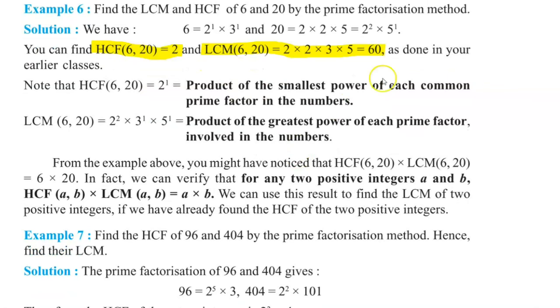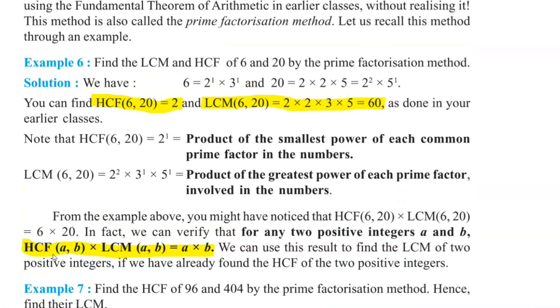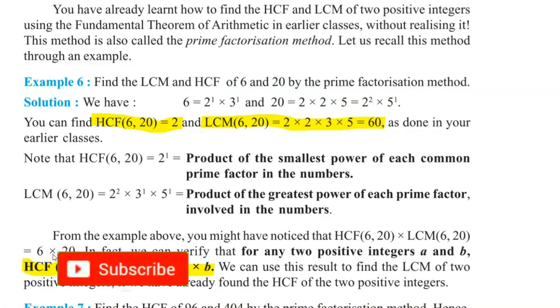And the other formula you have to keep in mind, which we'll actually be using, is HCF of A comma B into LCM of A comma B equals A into B. Here A is 6 and B is 20. So HCF of 6, 20 into LCM of 6, 20 equals 6 into 20. You will understand this much more easily when we discuss the remaining sums.